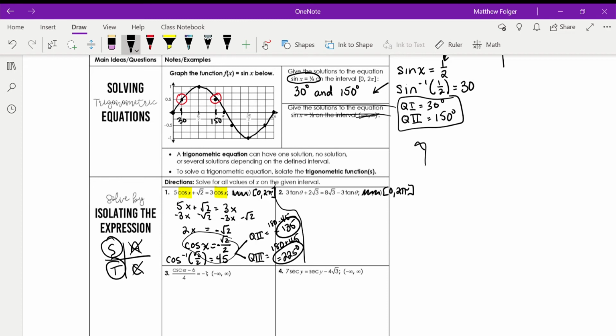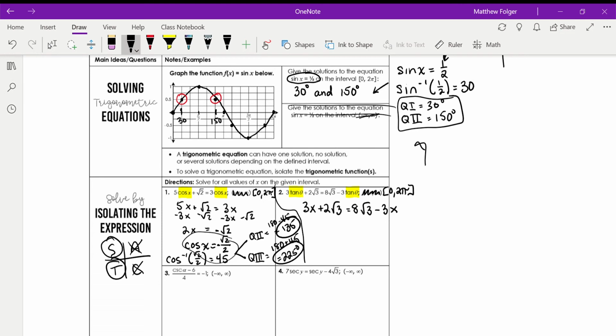So same idea. What you want to do is think of each of the tan x's, or tan thetas, as an x. Okay, so you want to solve this just to get that by itself. If it makes it easier, just change it to an x so that you can see the process that we're doing here.